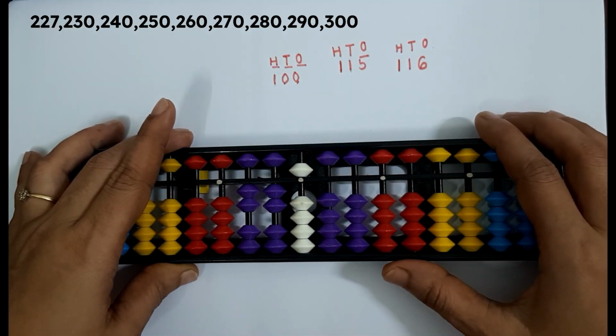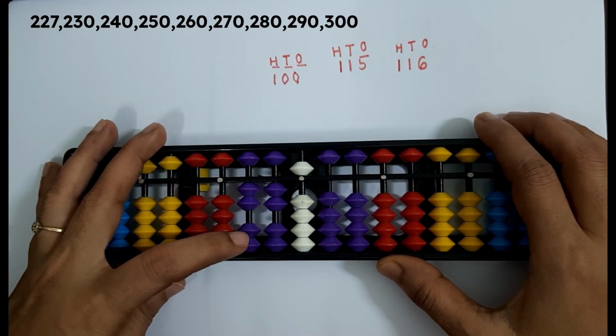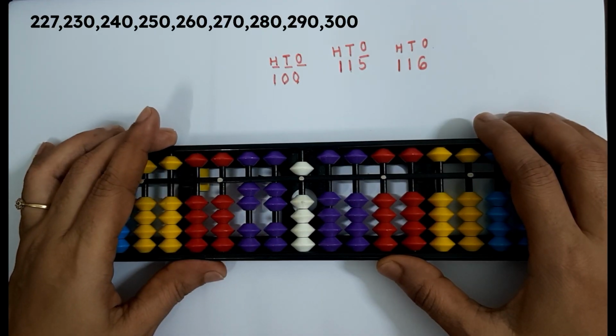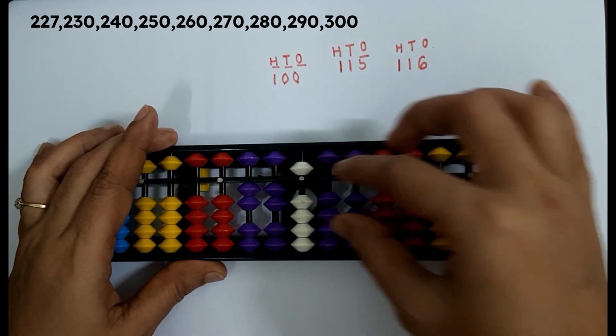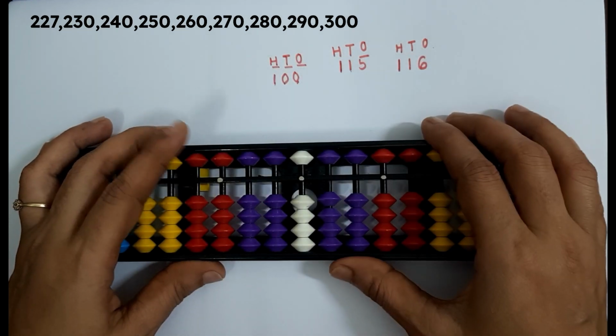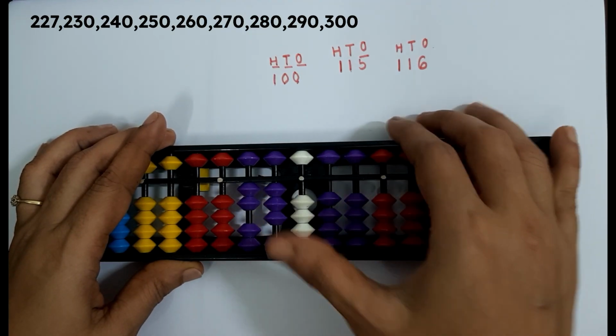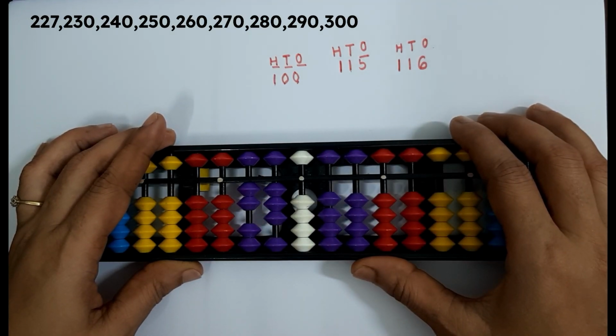So how to represent 227? So 2 at hundreds place and 2 at tens place and 7 at ones place. Now it is 7 at ones place. Next number is 230, 2 at hundreds place, 3 at tens place and 0 at ones place.